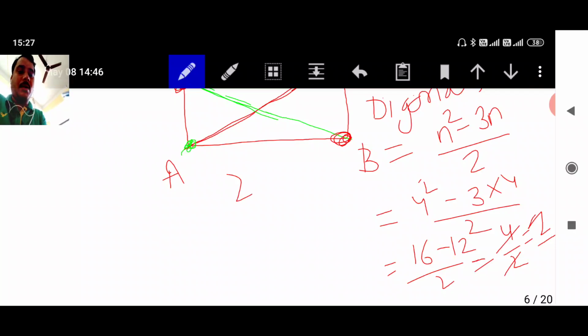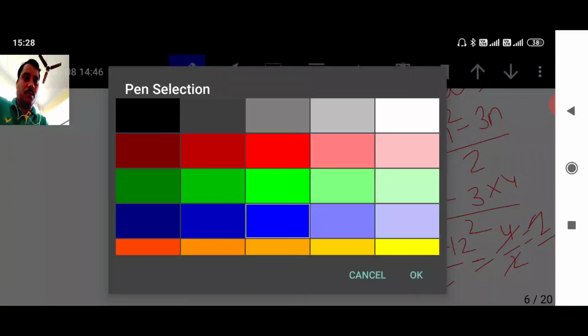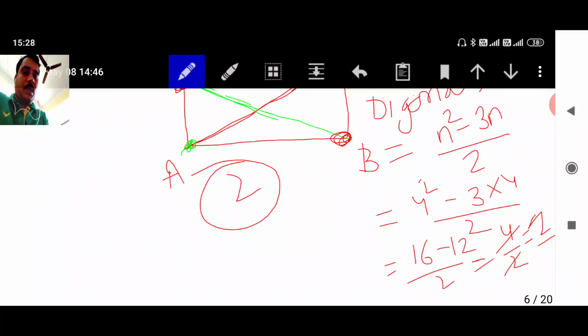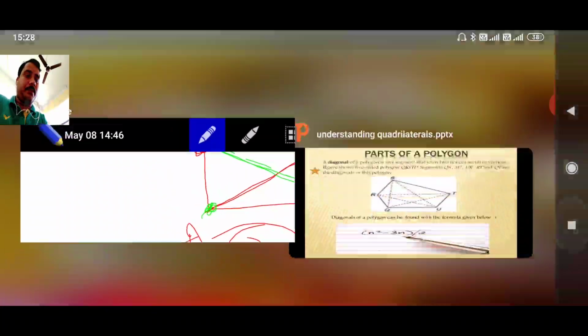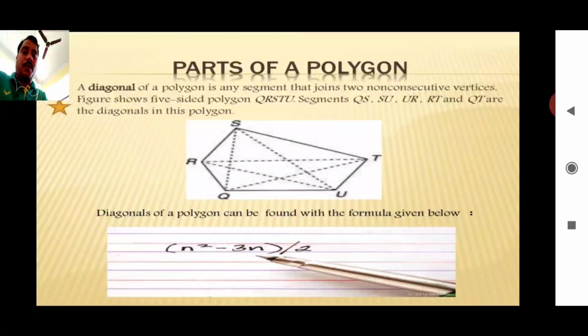How many diagonals? 2 diagonals. Okay. Here are 2 diagonals. Note this formula to find the diagonals of a polygon: (n square minus 3n) by 2.